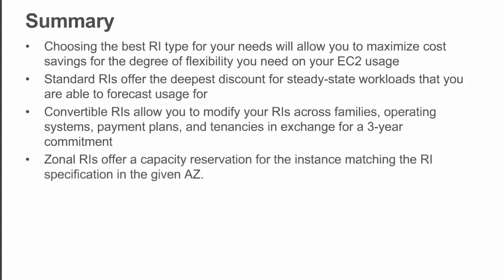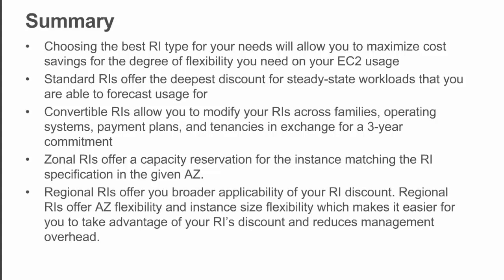Any RI, standard or convertible, purchased for an AZ, also known as a zonal RI, offers a capacity reservation to give you confidence in your ability to launch instances when you need them. You can choose to forego the capacity reservation and purchase any RI, standard or convertible, for a particular region.